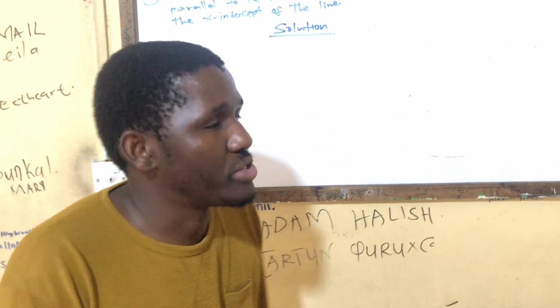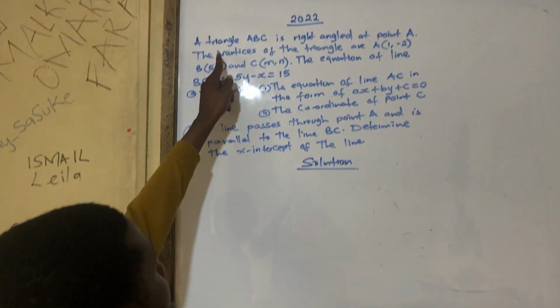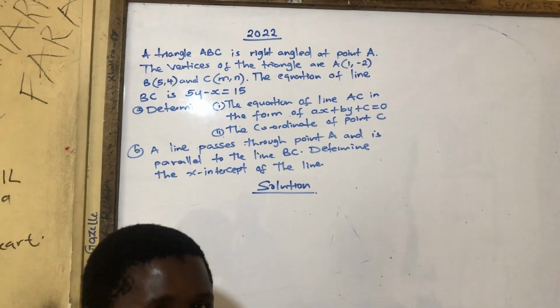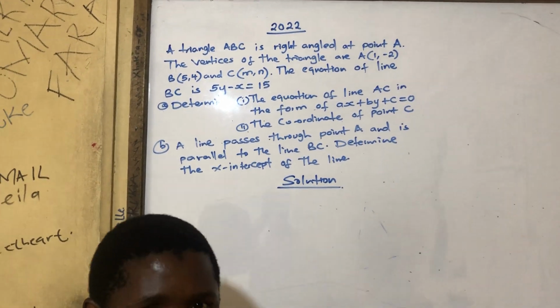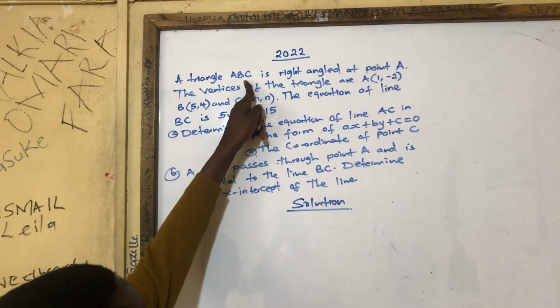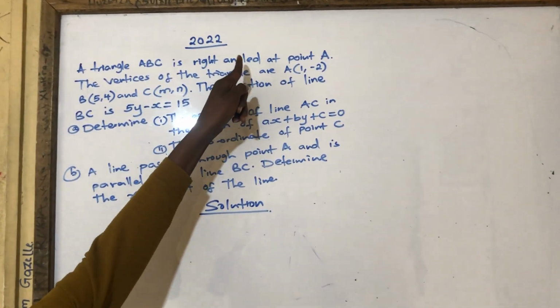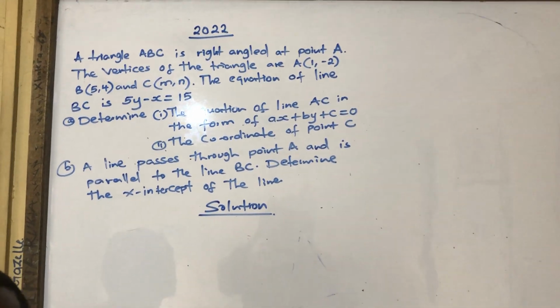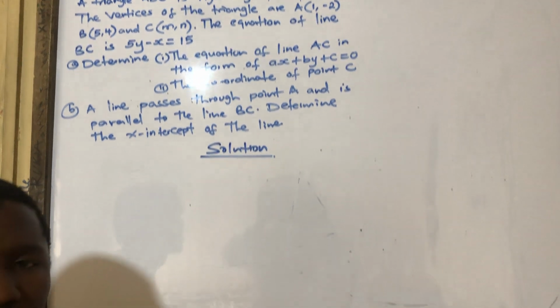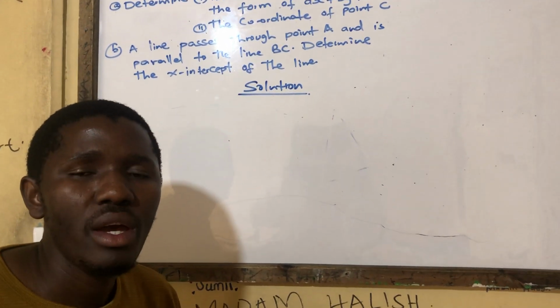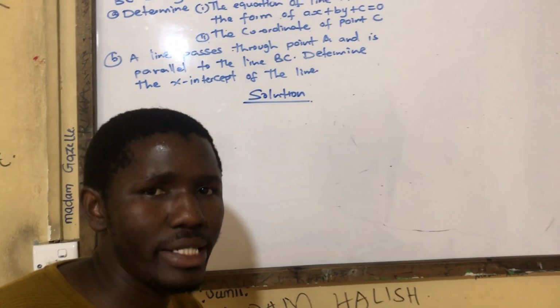Let's get started. What was the question? A triangle. So the question is talking about a triangle. A triangle ABC is right angled at point A. The first thing I expect from a student is to have already formed a picture at the back of his or her mind.